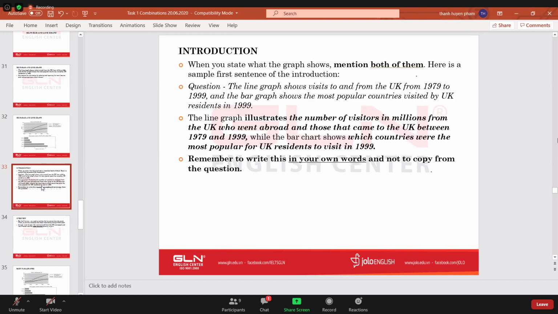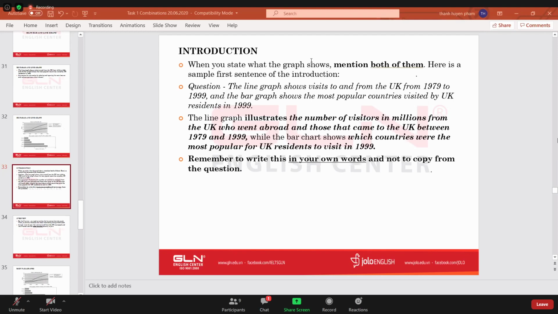Here is a sample first sentence of the introduction. So question, let's go back to the question. The line graph shows visits to and from the UK from 1979 to 1999. And the bar graph shows the most popular countries visited by UK residents in 1999. So again, for the introduction, we have the line graph illustrates, so we put illustrates instead of shows.